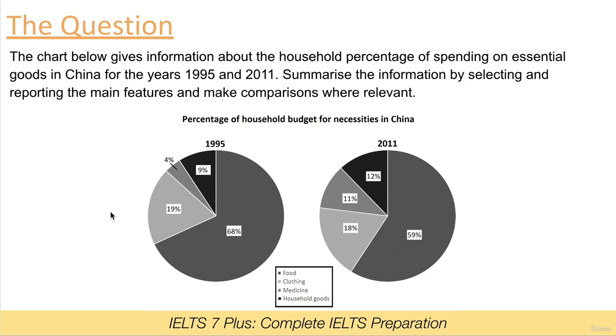Okay, so what takes up the highest amount of money in the budgets? That would be food for both years, initial observations. Food is quite high, then it's followed by clothing, then household goods, but medicine does make quite a bit of a jump there as well, an increase.